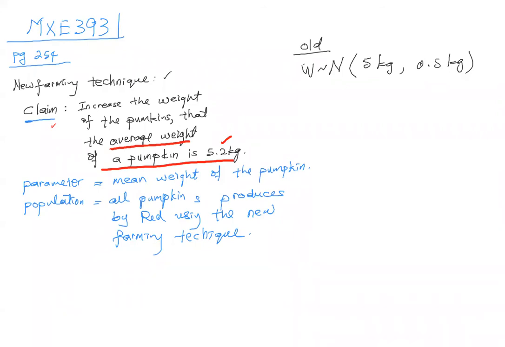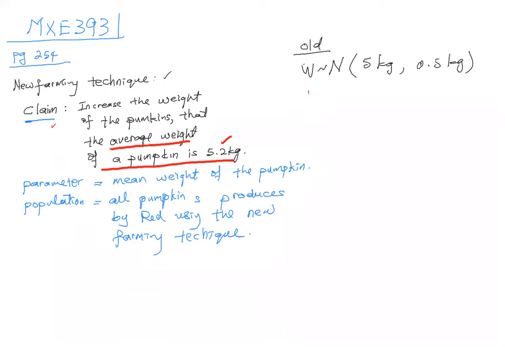What is a sample? Now he takes a sample and gets a weight of 5.2, so he said it's more than 5. Can I, based on the sample, conclude this?